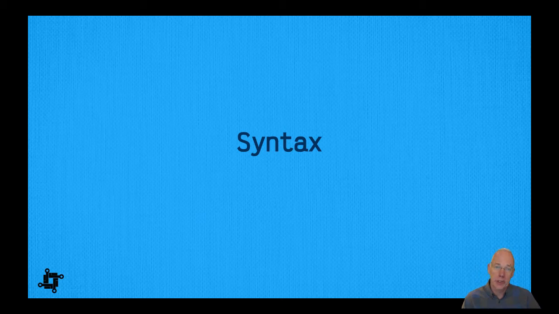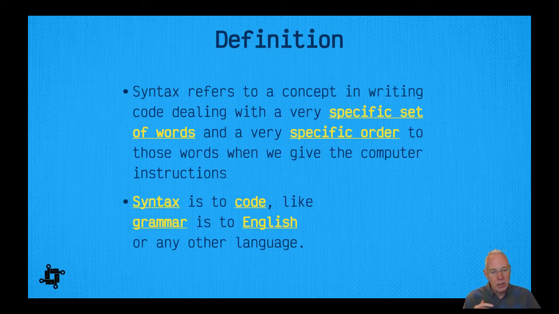Okay, so let's take a look at syntax. Essentially, there's a definition around syntax, which I want to just break up into a couple pieces. First of all, it refers to a concept in writing code that is dealing with very specific words, and they must occur in a very specific order. And if they don't occur in this order, or those words don't exist, then the syntax is basically incorrect and is not going to be understood by the computer.